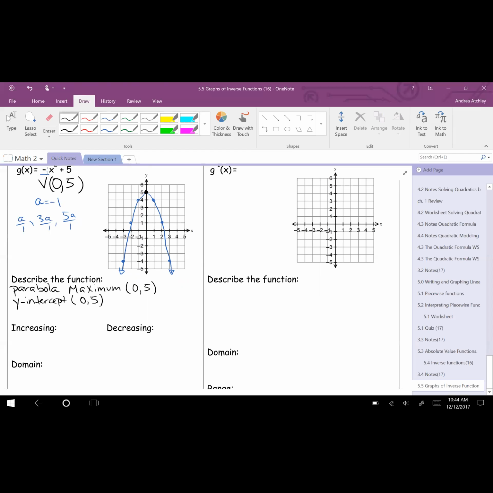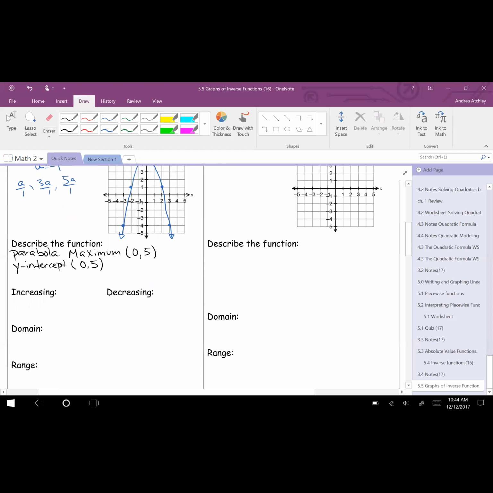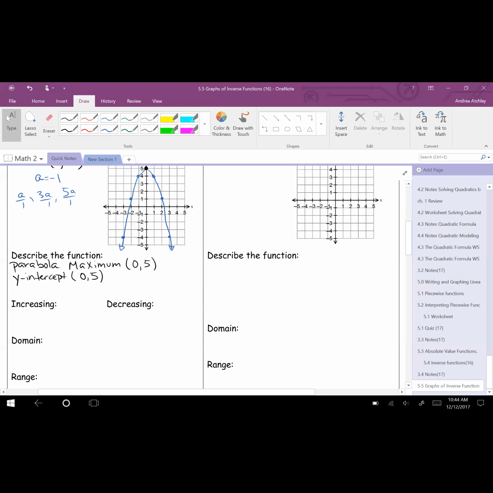Okay, now increasing and decreasing is going to be written in interval notation. So if you think of yourself as a car, we're starting from the left-hand side, and we're driving. Would my car be increasing as I'm going this way, coming from the negative numbers? Yes, I am increasing.